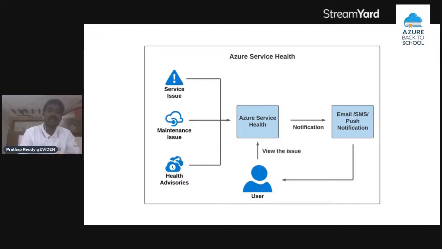On the left-hand side we can see there are some issues regarding ticket raises, so that information goes into the Azure service and will be moved to email or SMS. We have to notify that. It is like a to-and-fro motion, an end-to-end process that we can see in Azure services.